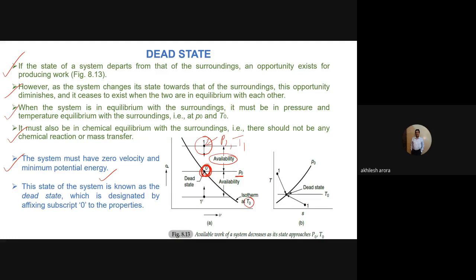But actually that kinetic energy part is already a high grade energy, so it is already available to us as work, but the potential energy should be minimum. The state of the system is known as the dead state, which is designated by affixing subscript O to the properties.